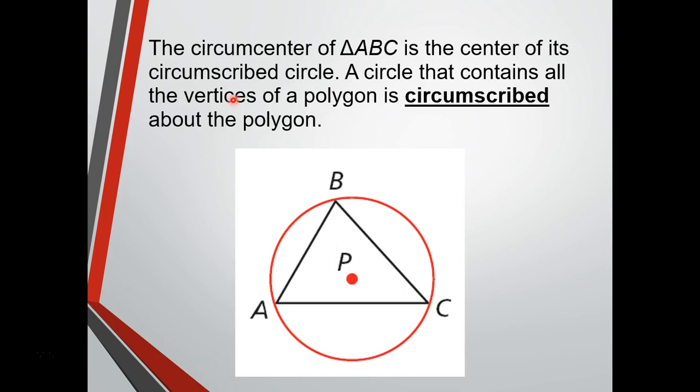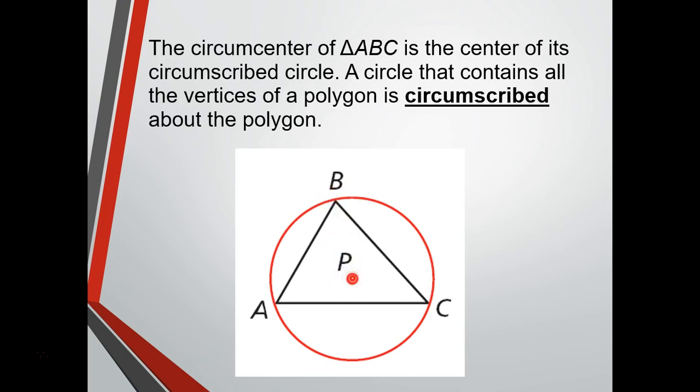Okay, one more thing about circumcenters. The circumcenter of this triangle down here, triangle ABC, is the center of its circumscribed circle. Okay, the circle that contains all the vertices of a polygon is circumscribed about the polygon, meaning this point right here is found to be the circumcenter of this triangle. And if you use that point to draw a circle, you can use your compass.